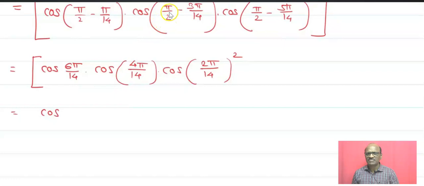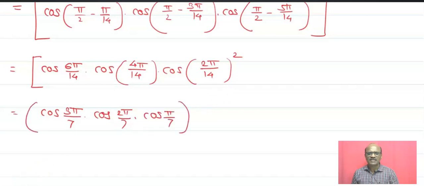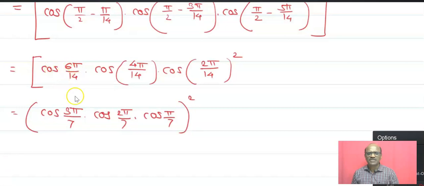Again, here we will simplify 4 pi by 14, and last is 2 pi by 14, bracket square. Whole bracket square here. I had not written the bracket. And next, see this here: cos of 6 pi by 14, that is nothing but cos of 3 pi by 7, into cos of 2 pi by 7, into cos of pi by 7, and it's whole square.